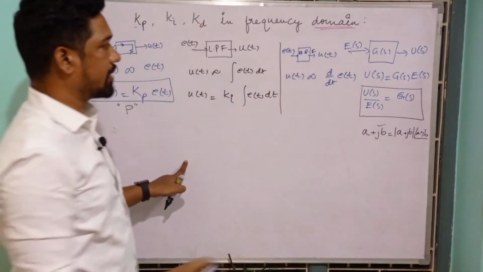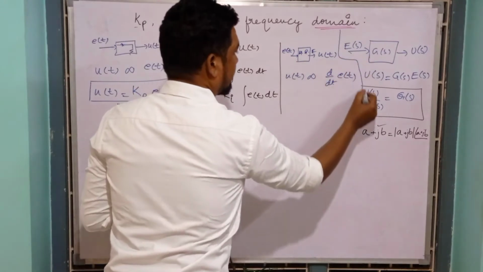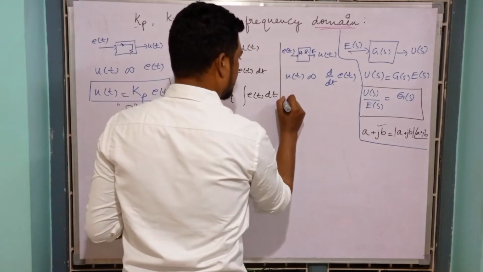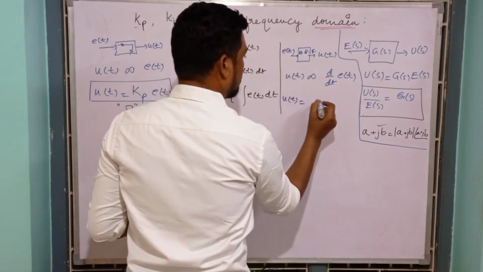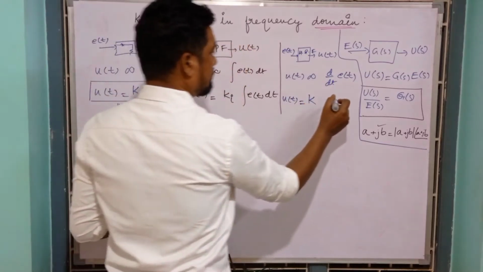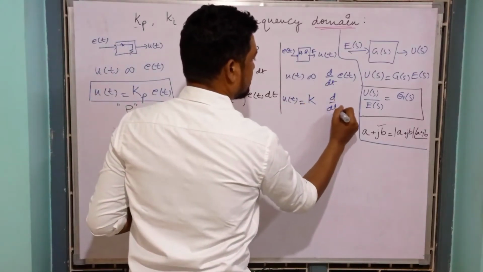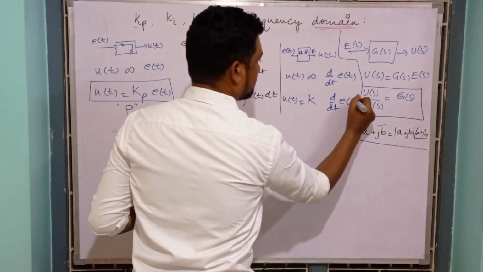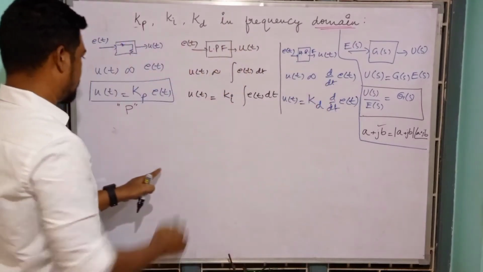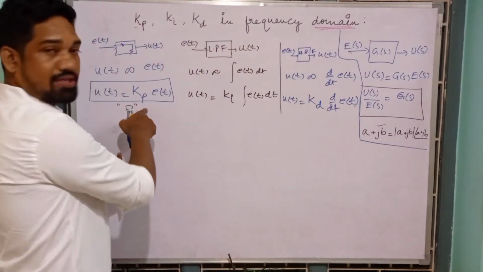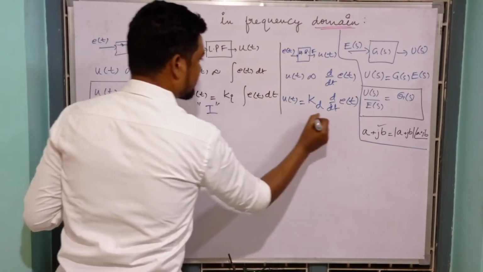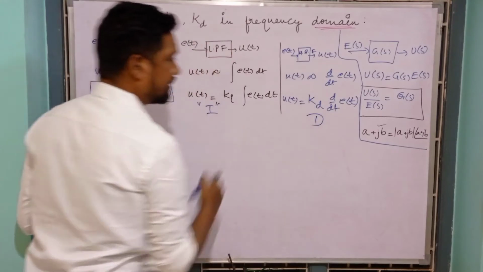We can prove that for a high pass filter, the output will be directly proportional to the input, and u of t in this case will be equal to k, the constant of proportionality, times d by dt e of t, and d suffix d. So this one is the proportional system, this is the integral system I, and this is the derivative system d.